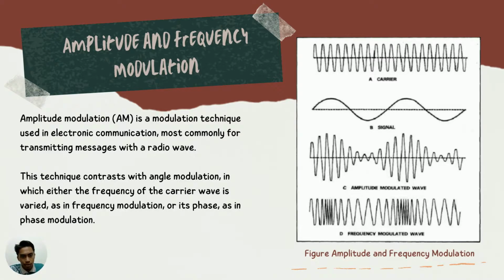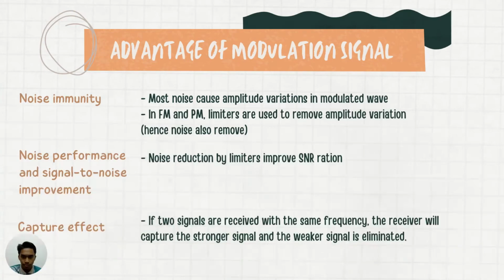Amplitude modulation is a modulation technique used in electronic communication, most commonly for transmitting messages with a radio wave. This technique contrasts with angle modulation, in which either the frequency of the carrier wave is varied, as in frequency modulation, or its phase, as in phase modulation.